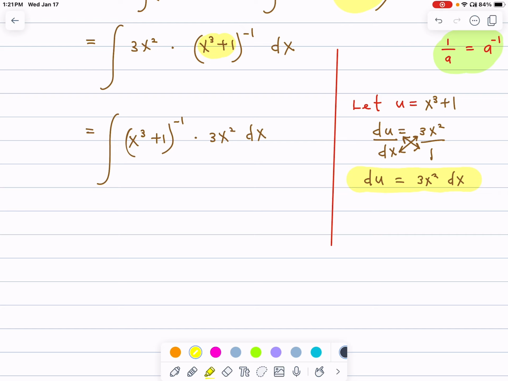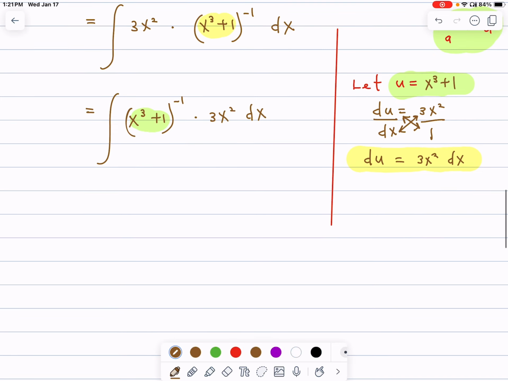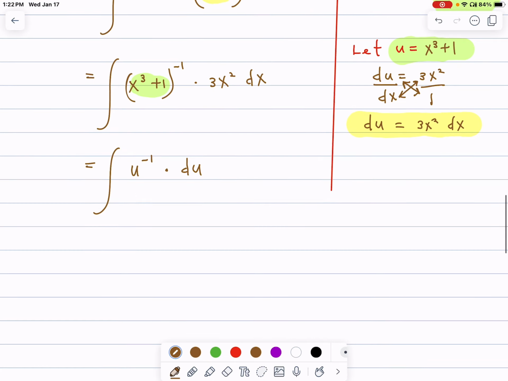And I can replace this x cubed plus 1 with u, because I said let u be equal to x cubed plus 1. So this is just going to be u to the power of negative 1 times du, which is the same thing as 1 over u du.